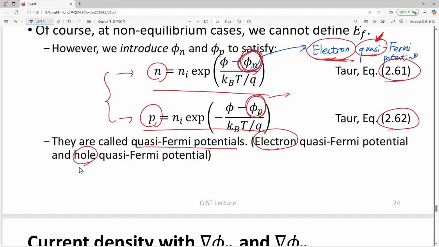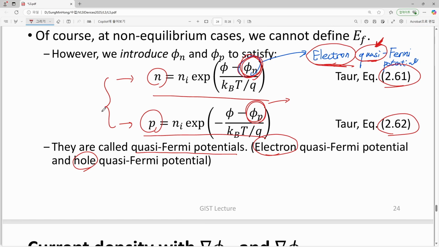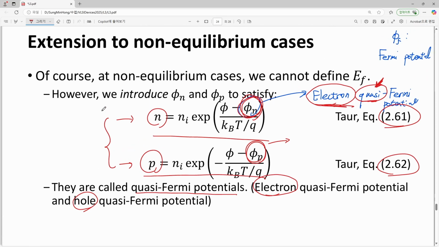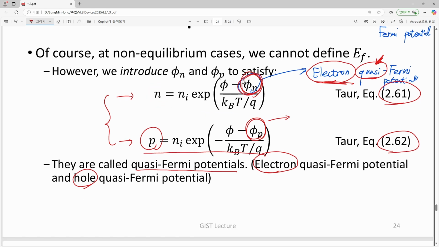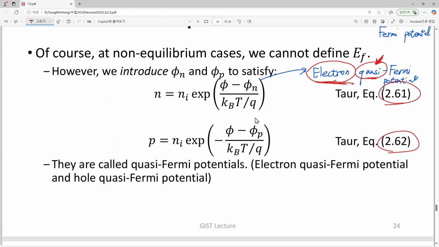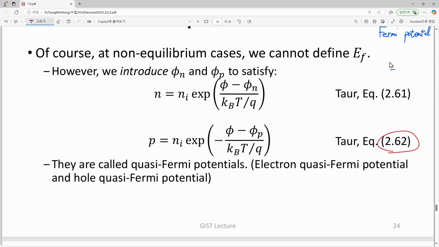hole quasi-Fermi potential. Well, in this slide, I just try to introduce the electron and hole quasi-Fermi potentials, and maybe you may think, oh, why do we have to define those quantities? But please, let's have a look at its gradient. That will give us quite interesting behavior. So now from this equation 2.61, let's try to take the gradient of this electron density.